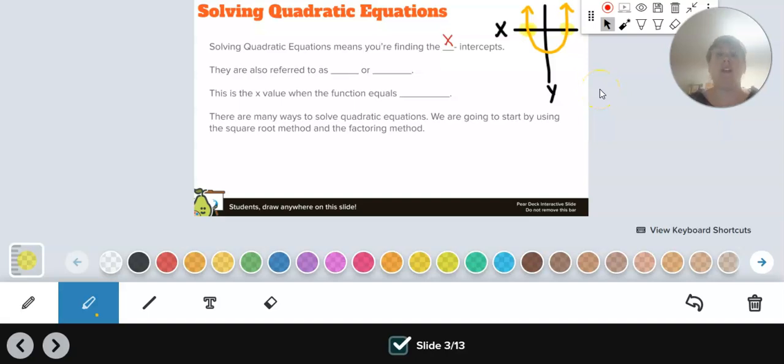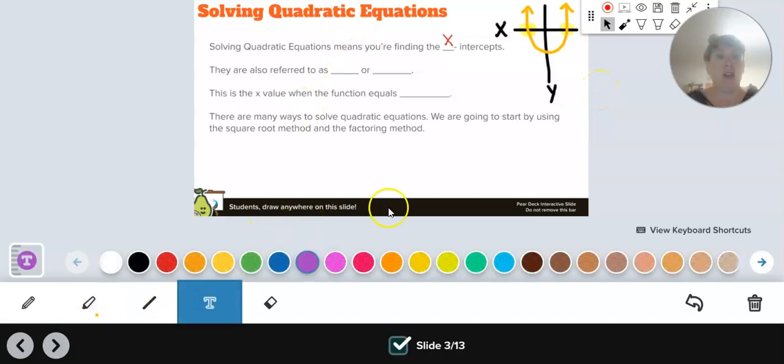We're looking for where it crosses the x-axis. We also refer to these as roots or zeros. This is the x value when the function equals 0.